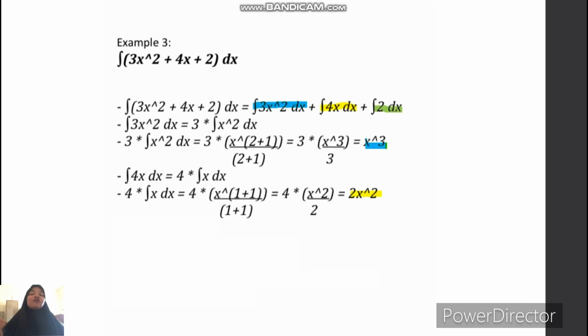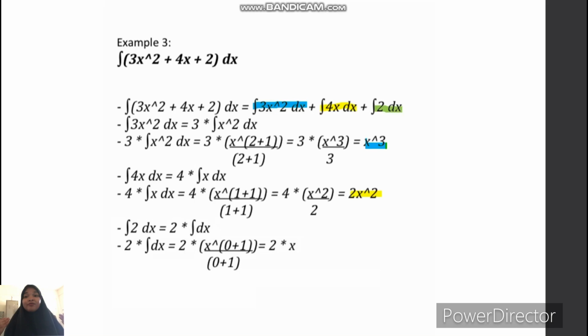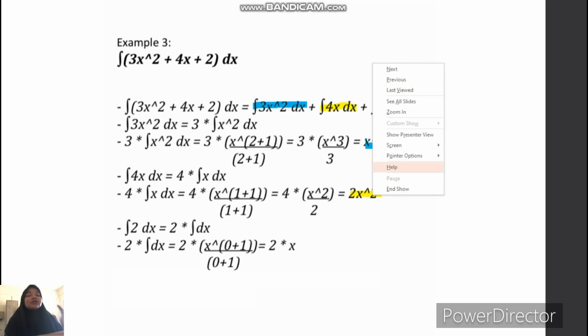So for the last term, which is 2 dx, we will get 2 times dx. For this term, the n for the third term is 0. So we know that n is 0, so we can apply the power rule and we will get 2 times x.